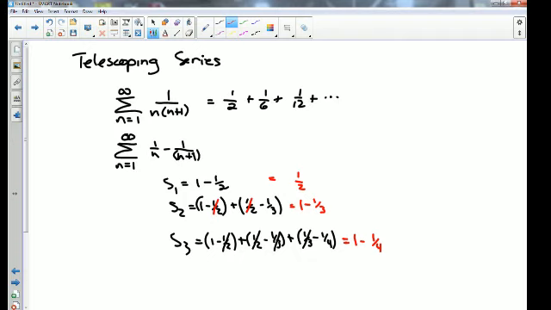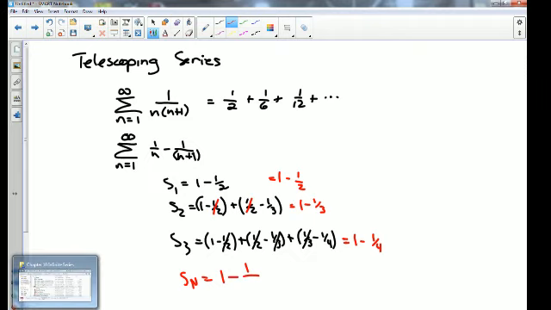Are you noticing a pattern here? Half, third, fourth, the next one's going to be 1/5. So what is S sub n, the nth partial sum? 1 minus 1 over n plus 1, because n is 3, and that's 4, n plus 1.